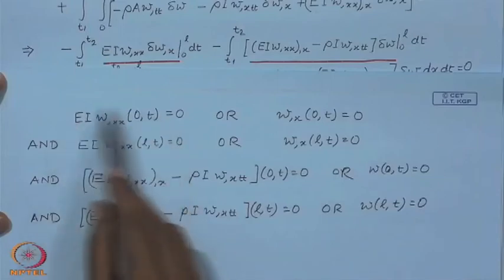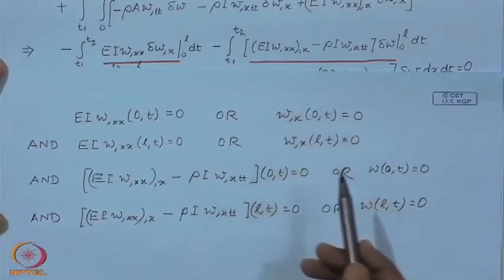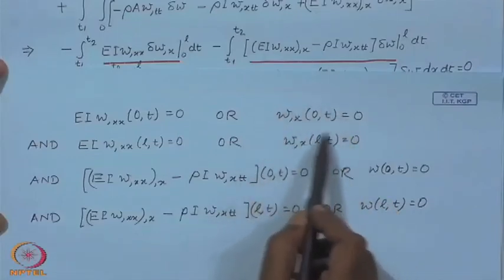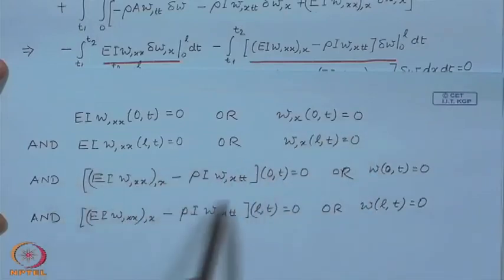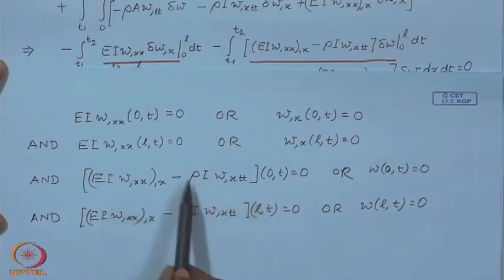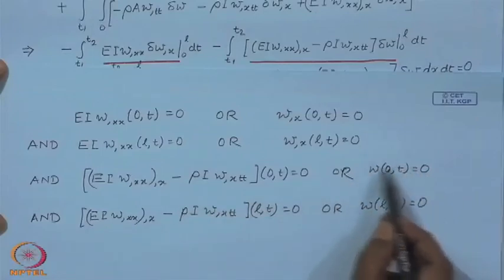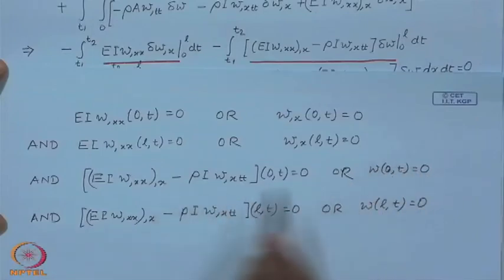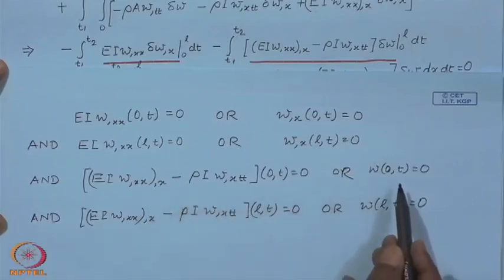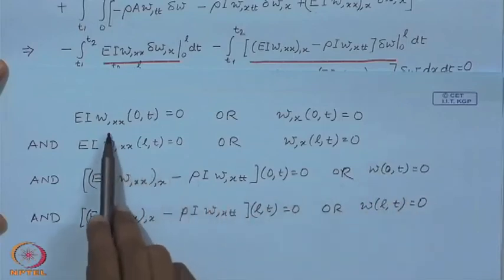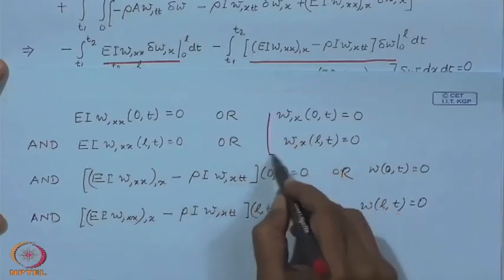So, this, as we can recognize, is the bending moment is 0, or the conjugate of the bending moment is the angle, so the deflection, that must be 0, or this is the shear force. Now, this is an additional term because of rotary inertia. So, this must be 0, or the displacement, which is the conjugate of this. By conjugate I mean the product will give us energy or work. So, either force or its conjugate, which is displacement, is 0, either moment or its conjugate, the angular displacement, must be 0.